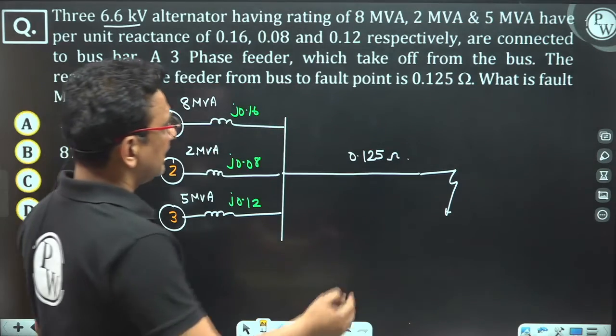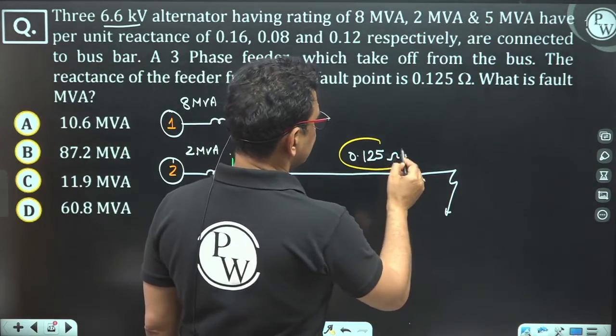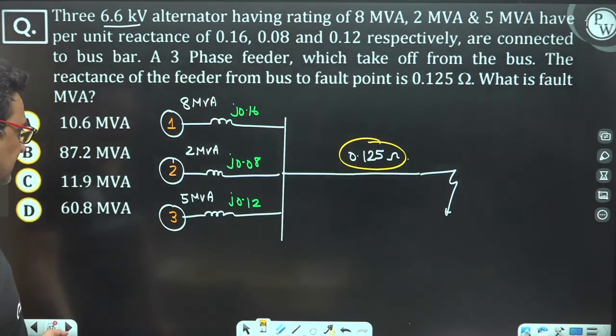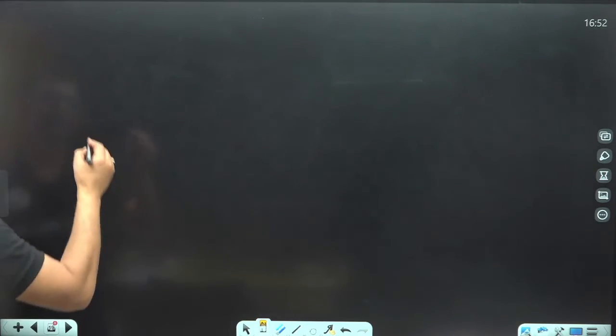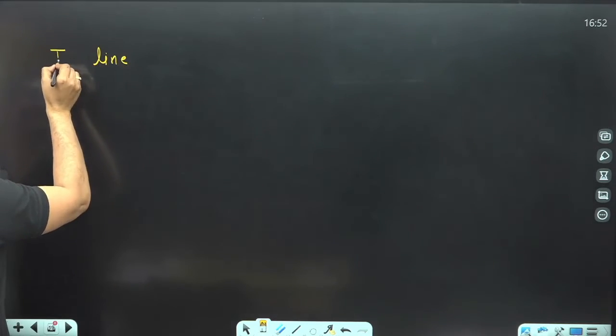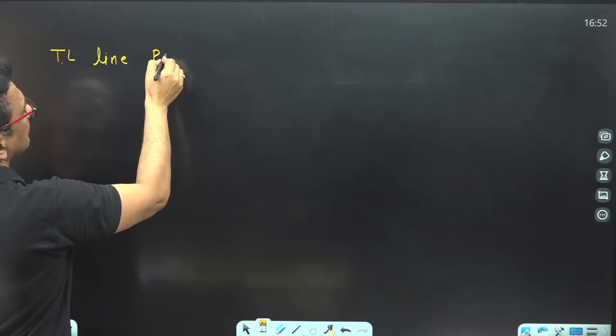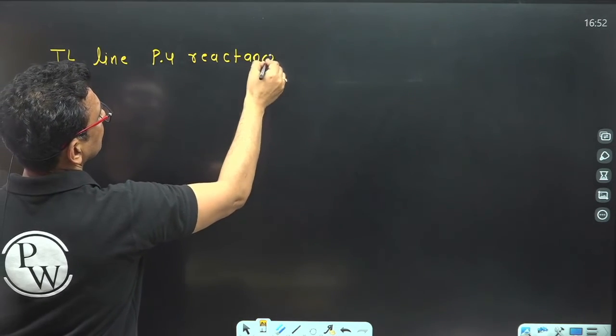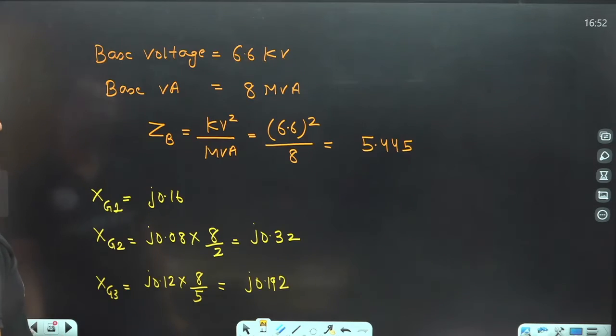Now, I also convert this into the pu value, 0.125. So, the pu reactance of the transmission line is the actual value divided by the base value.